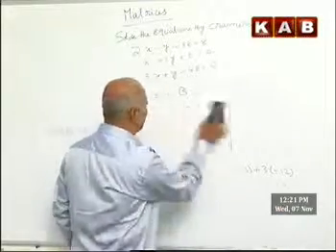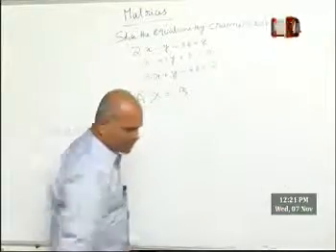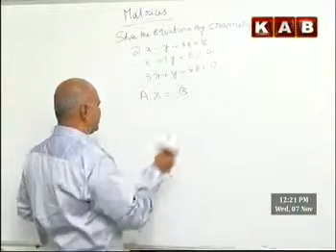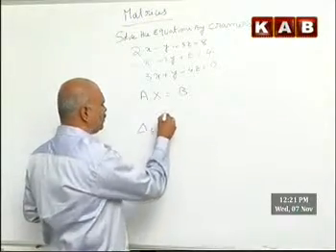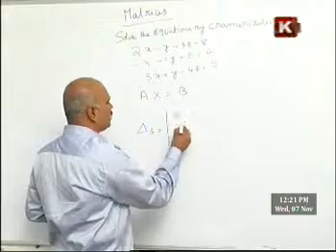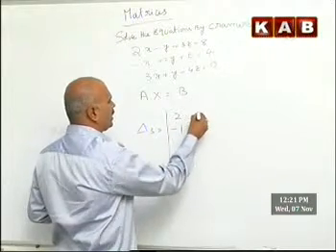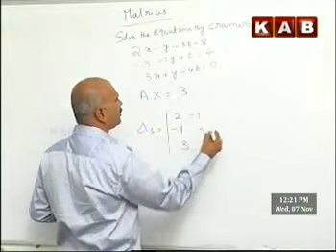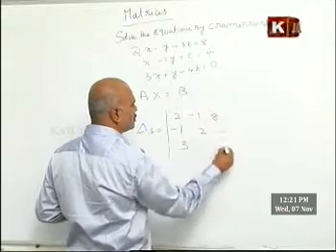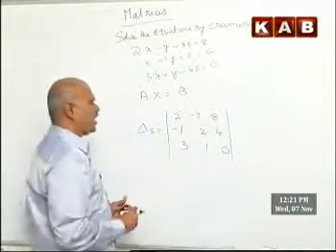That also we may write delta 3 as like this. This delta 3 is equivalent to here 2, minus 1, 3, minus 1, 2, 1, 8, 4, 0. So this I have to evaluate.